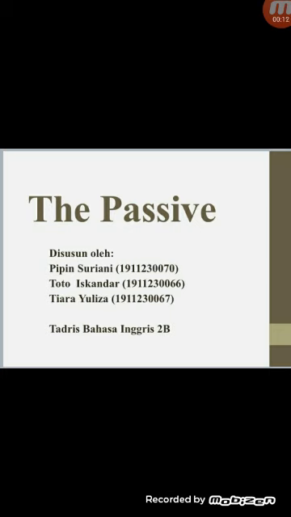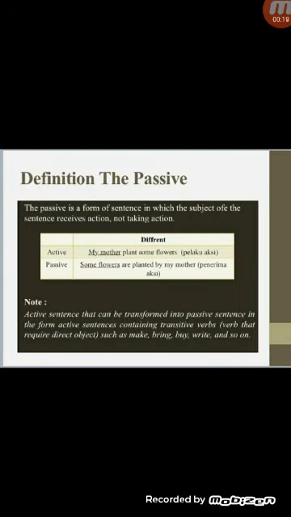Now I will explain to you about the passive. 1. Definition: the passive. The passive is a form of the sentence in which the subject of the sentence receives action, not taking action.